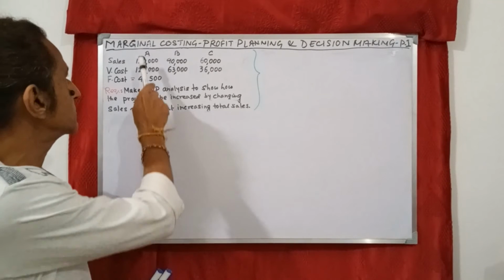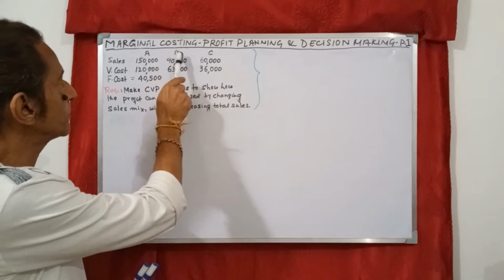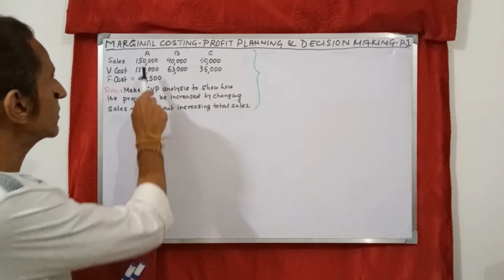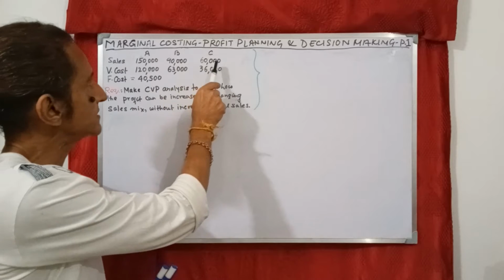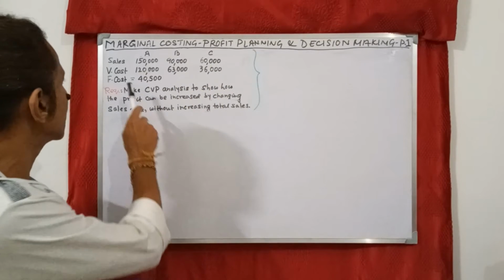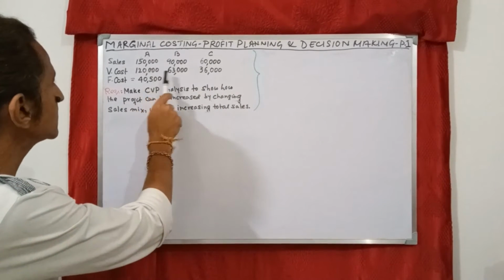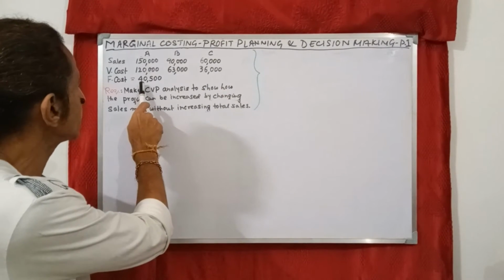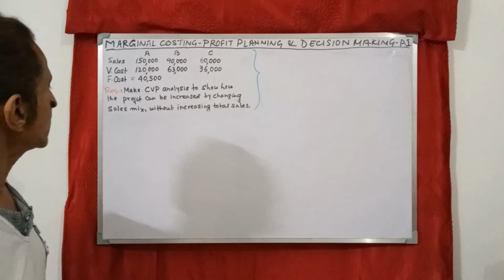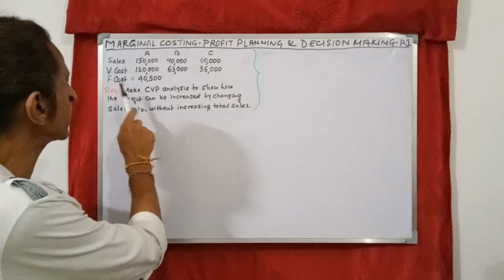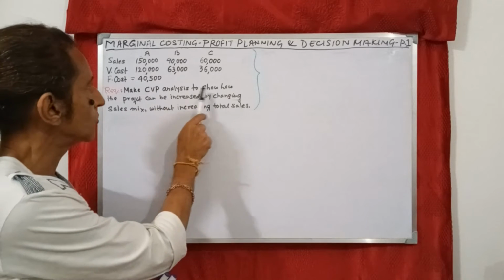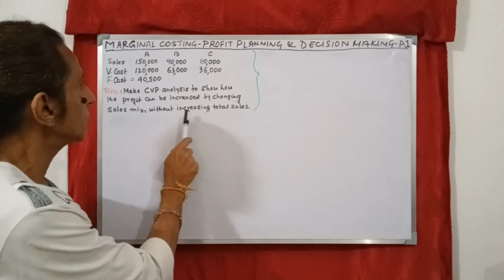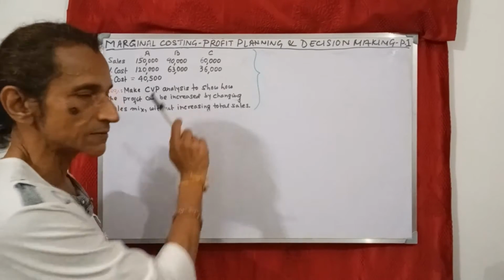A firm is producing three products, product A, product B and product C. Sales of the three products are 150,000, 90,000 and 60,000 respectively. The variable costs are 120,000, 62,000 and 36,000 respectively. Total fixed cost is 40,500. Now what is required? It is required to make CVP analysis to show how the profit can be increased by changing sales mix without increasing total sales.